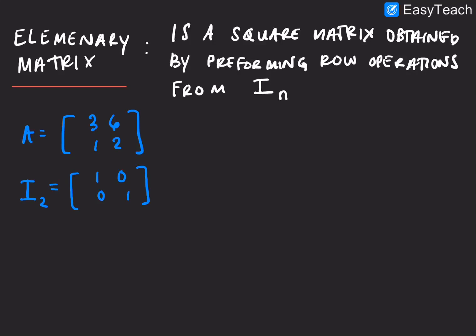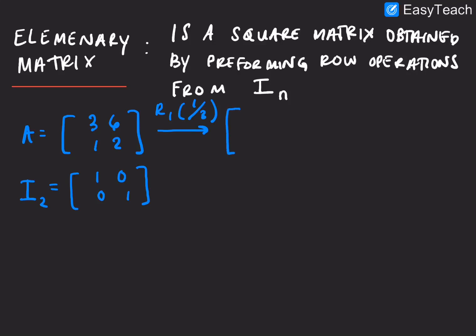So if we perform some operation on our matrix A, we want to do R1 times 1/3, and we're going to try to make our matrix A into a row echelon form.